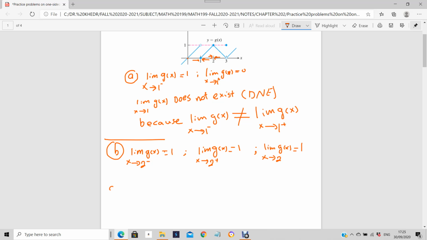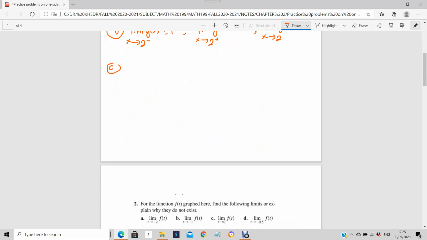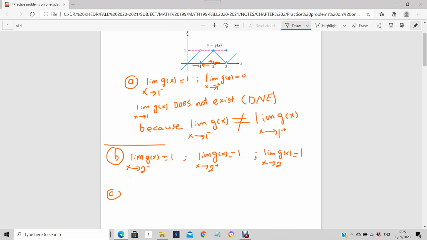Now the next point is as x goes to 3. Again, we have to find the two-sided limits.